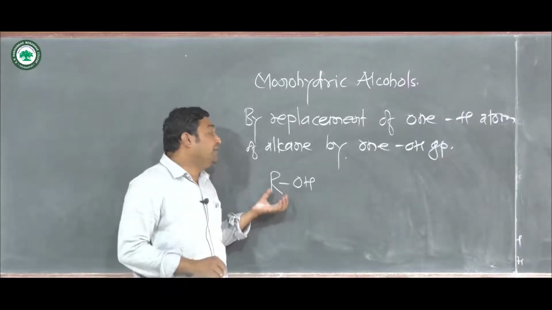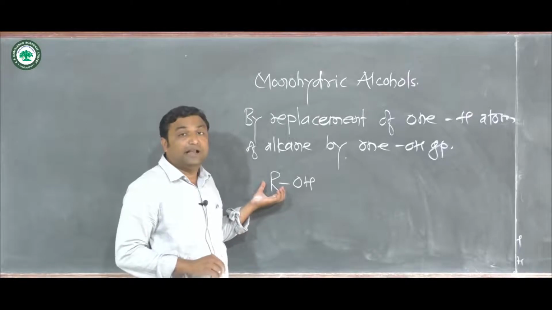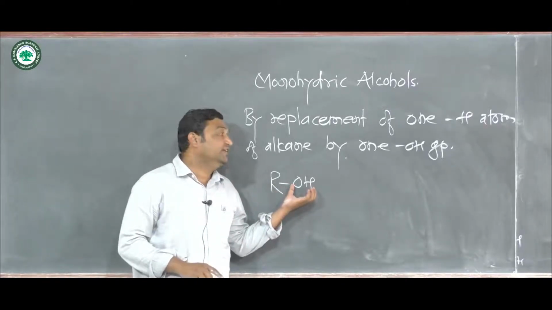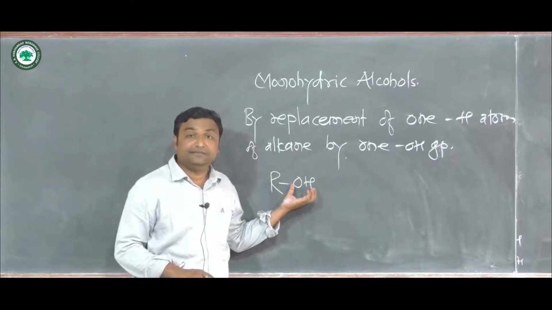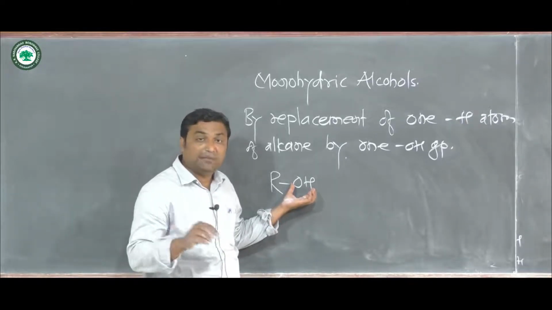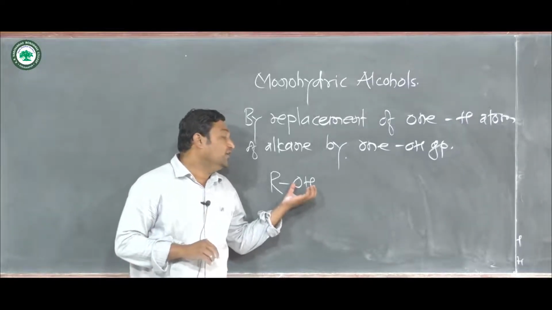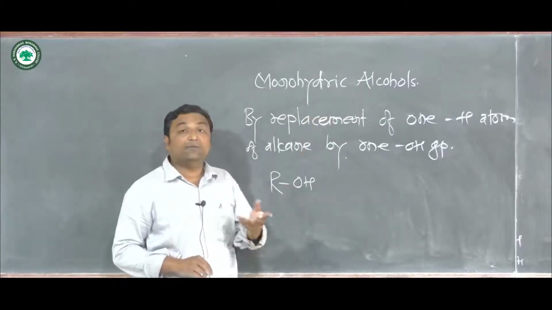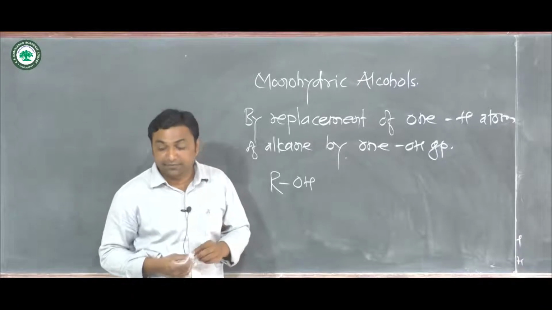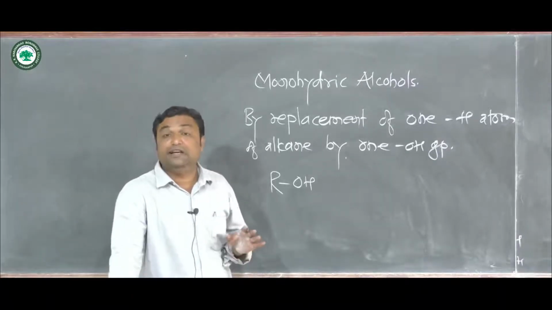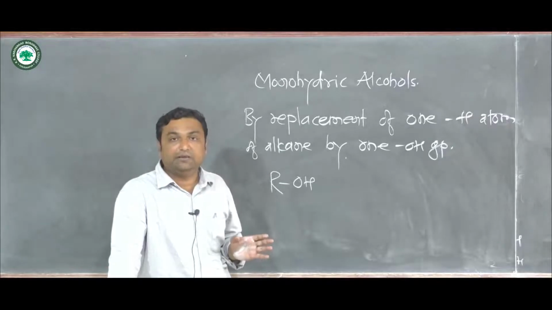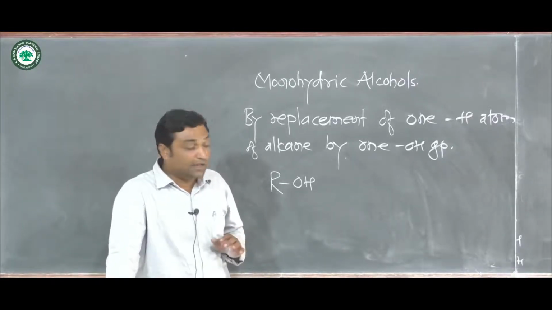Now, depending upon the carbon atom on which this OH group is present, these monohydric alcohols are further classified into three types. We know that there are three types of carbon atom, that is primary carbon atom, secondary carbon atom and tertiary carbon atom.